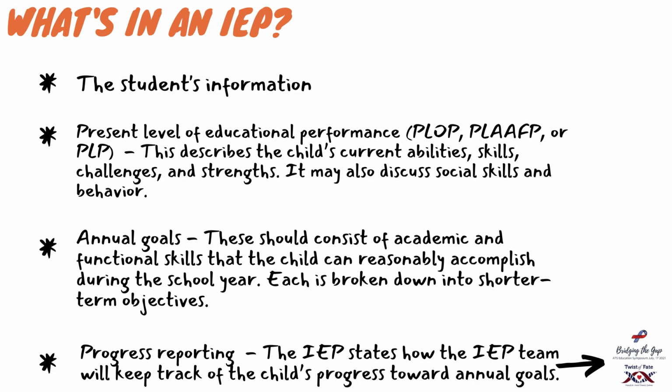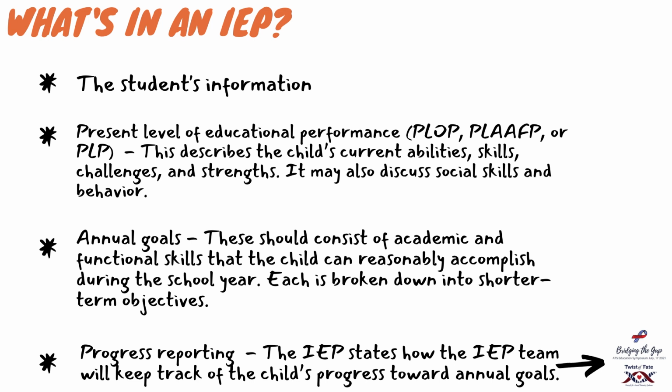Now, what's in an IEP? First of all, of course, the student's information, who the child is, their present level of performance, where they are now. So it will describe the child's current abilities, skills, challenges, and strengths. It may also discuss social skills and behavior. And then we're going to have annual goals.